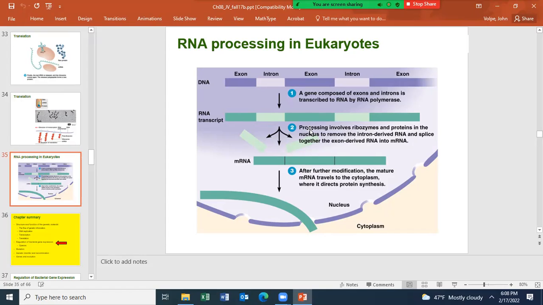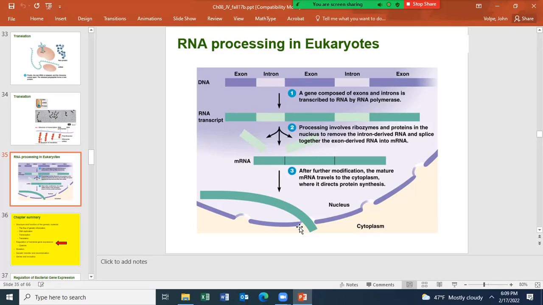And then the exons are spliced together or they're put together so that the final messenger RNA of a eukaryotic cell only includes the exons and only the final messenger RNA is allowed out of the nucleus. The pores in the nuclear membrane will not allow an RNA to leave the nucleus if there are introns in that RNA.